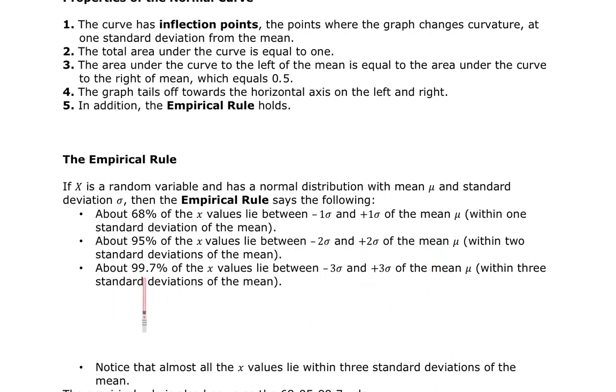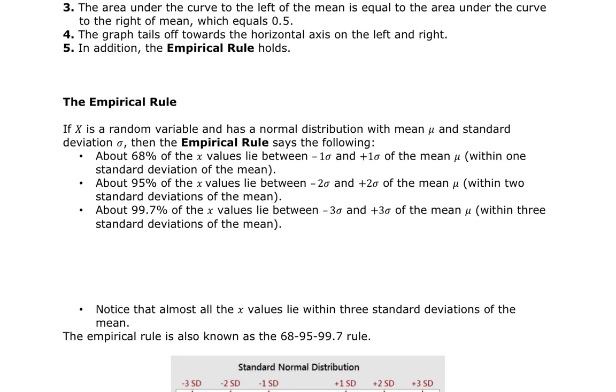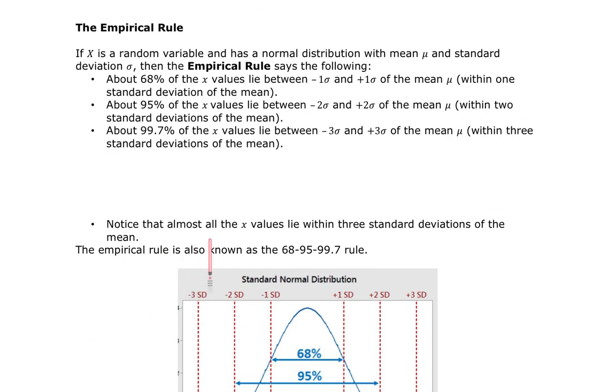And 99.9% of these values of interest lie within three standard deviations of the mean, both below and above. Almost all the x values lie within three standard deviations of the mean.